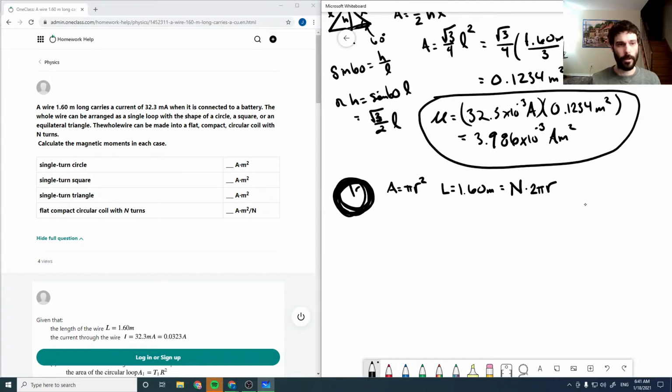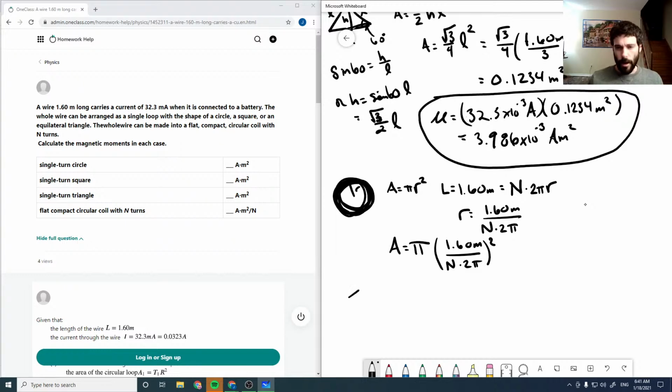We have n of our circumferences. So r is 1.60 meters over n 2 pi. Then our area is pi r squared, so pi times 1.60 over n 2 pi, squared.